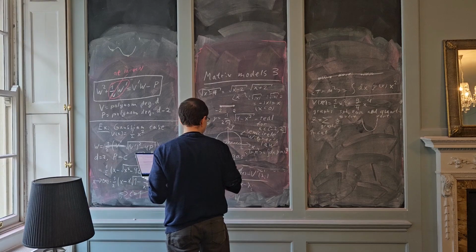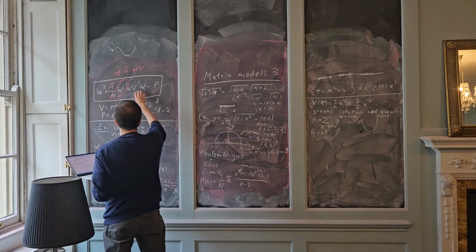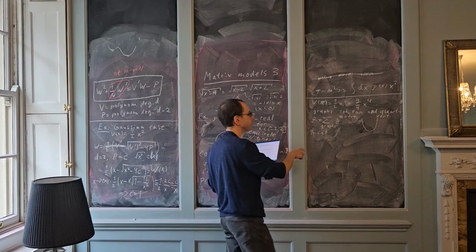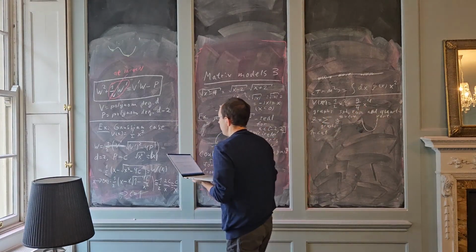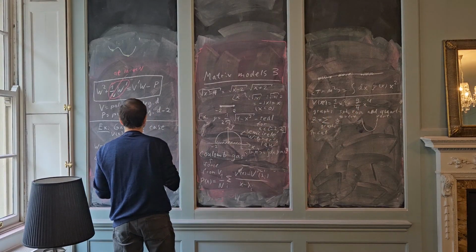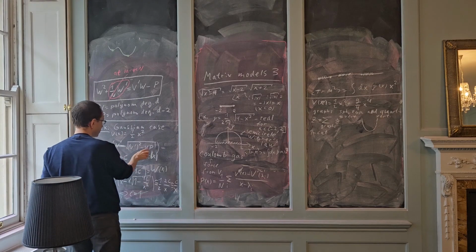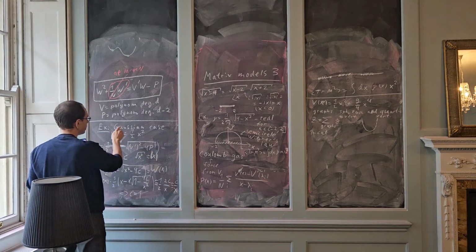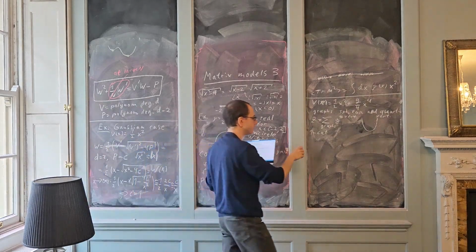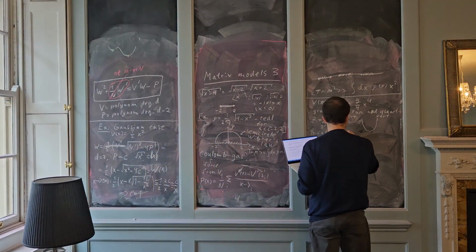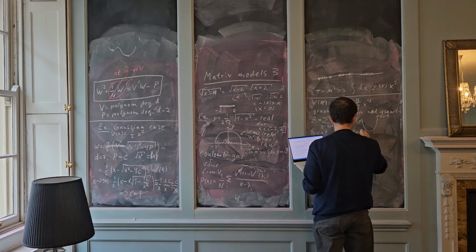So we need to solve this equation where V is given by that. What can we say? We see W has this form, where P will, in this case, have degree 2.